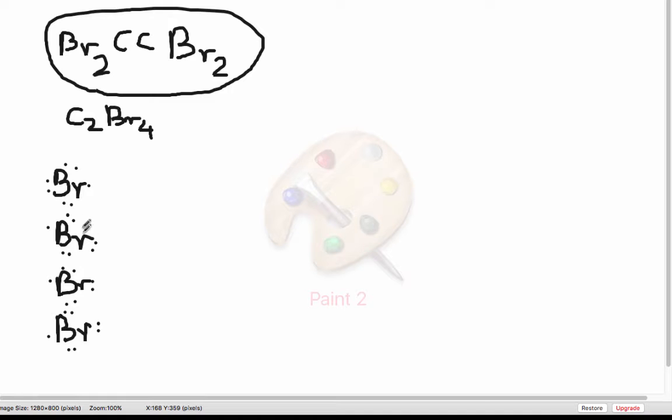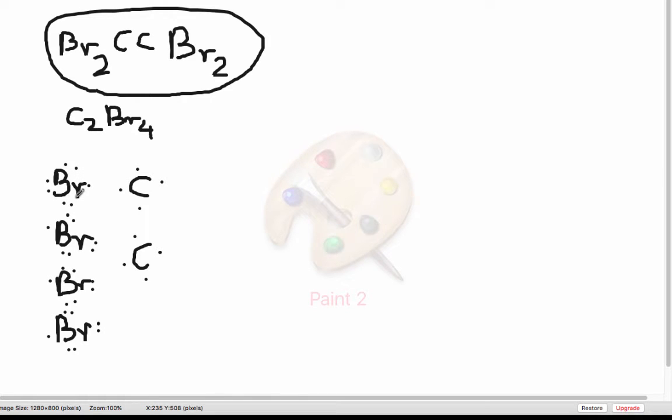Okay, so now we have our bromines with their 7 electrons around them. They have 7 valence electrons because they're group 7 elements. We now draw our 2 carbons with 4 valence electrons because they're group 4 elements. And now you have to decide how they're going together.